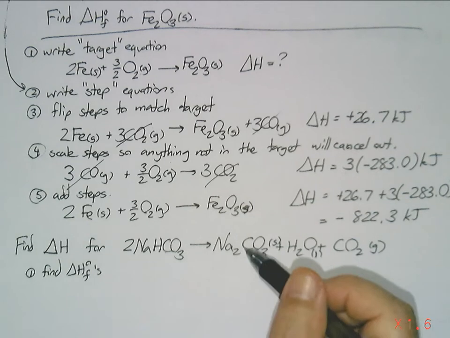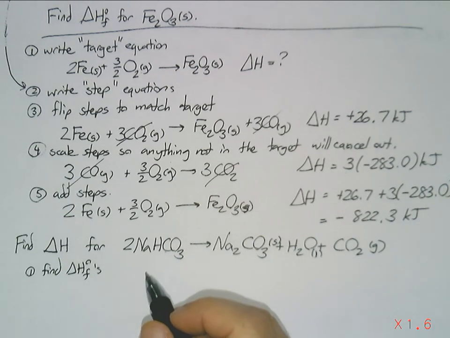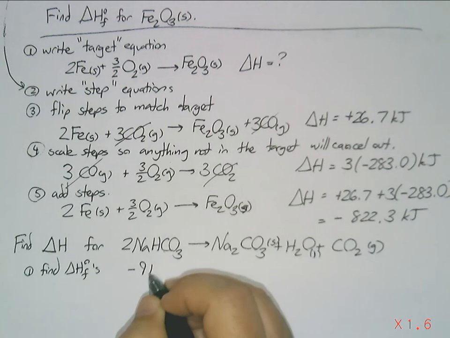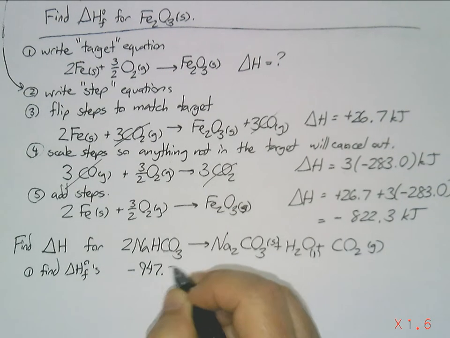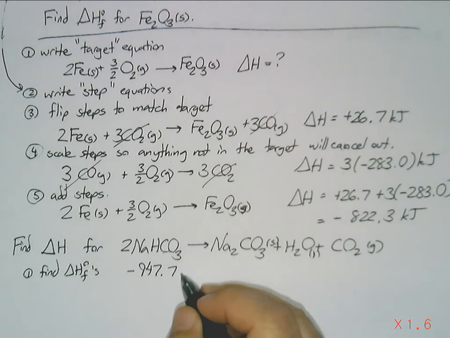I'm going to need to look up a delta H of formation for each one of these things. Let me see. I've got a table over here on the side. I'm looking on it, and I can see minus 947.7 for sodium bicarbonate. This is all in kilojoules.